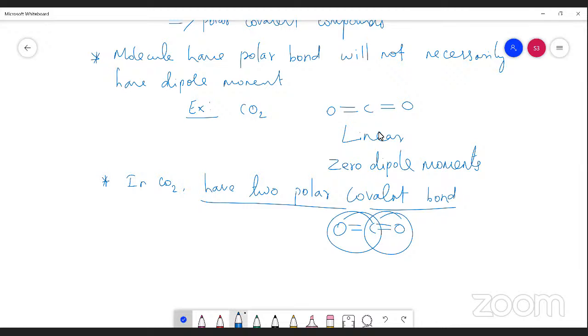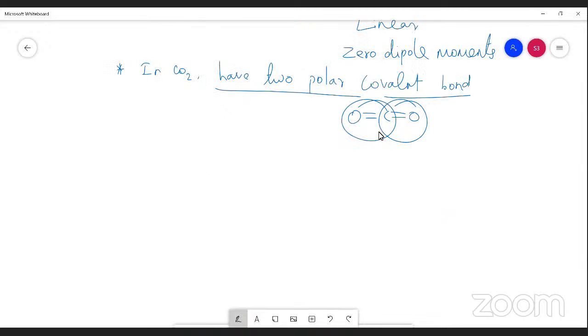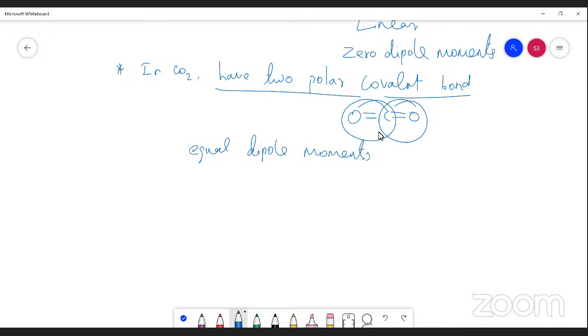The two polar covalent bonds have equal dipole moments, and opposite charge and opposite direction.